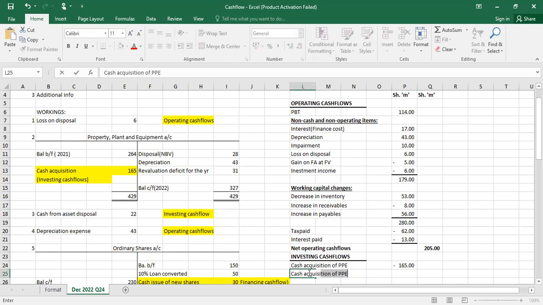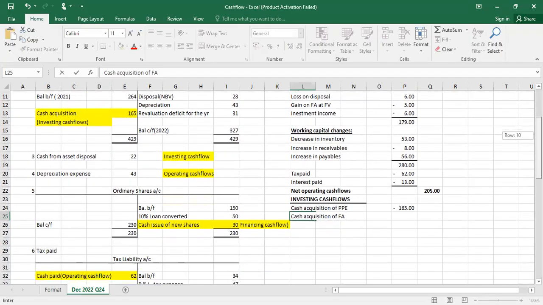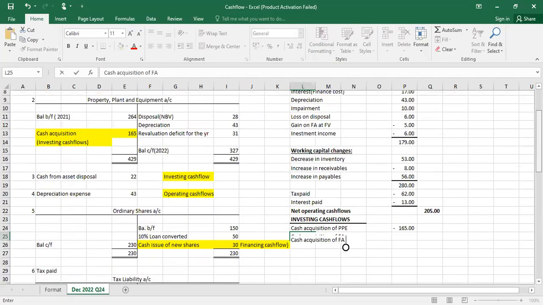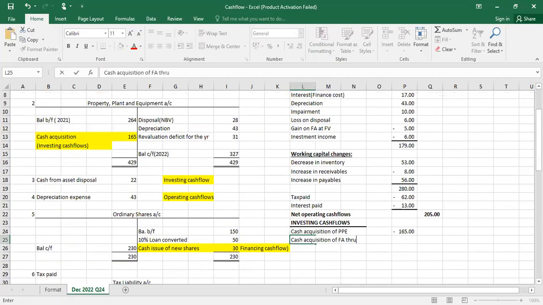There was also cash acquisition of the financial assets. You know, we had called them the financial assets through OCI. And in this case, we had said we had acquired how much?